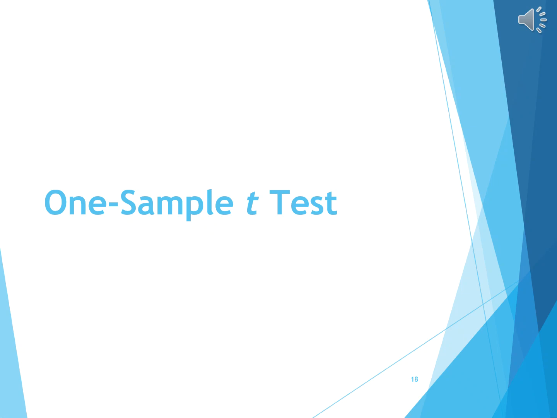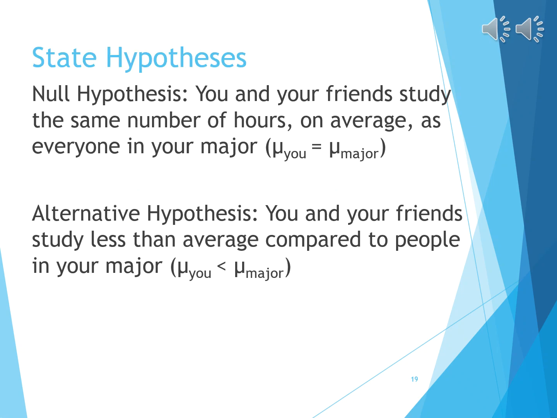All right, so let's actually move on with our example and talk about how to conduct a one-sample t-test. So let's state our hypotheses first of all. The null hypothesis is that you and your friends study the same number of hours on average as everyone in your major.